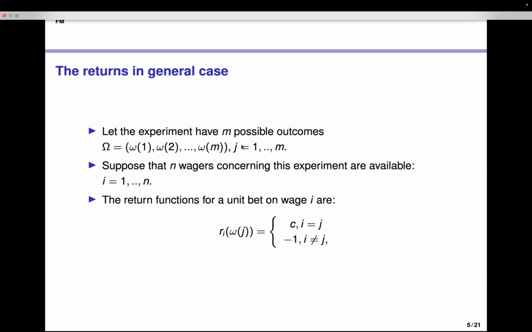We can have m possible outcomes, but formulate only n wagers, only n. And n can be more or less than m.